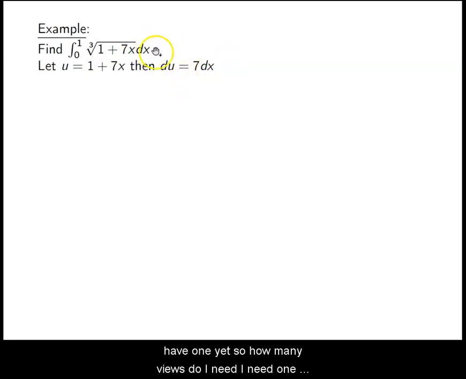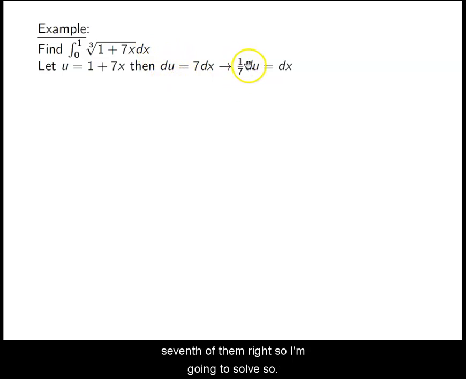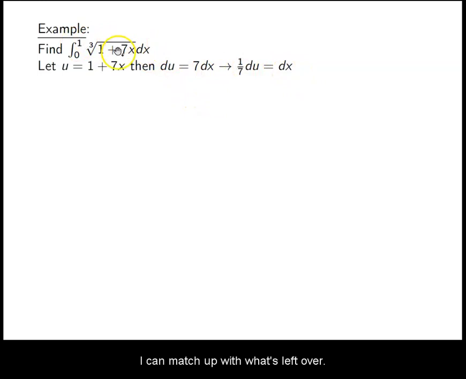I only have 1 dx. So how many du's do I need? I need 1/7 of them, right? So I'm going to solve so I can match up with what's left over. So this will become 1/7 cube root of u and a du, because the dx is equal to 1/7 du's.